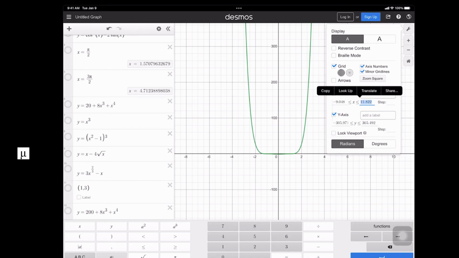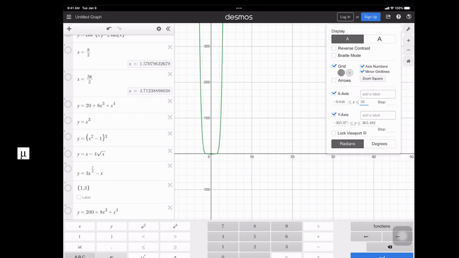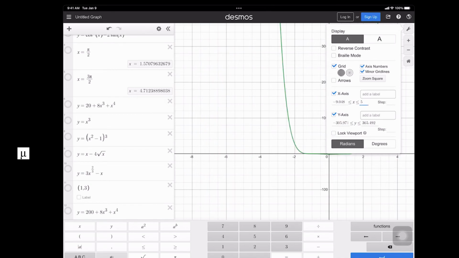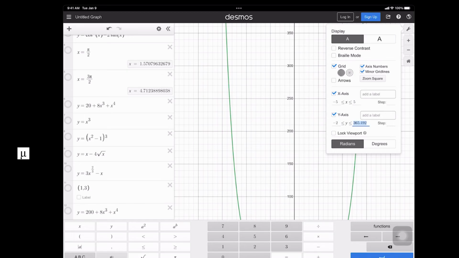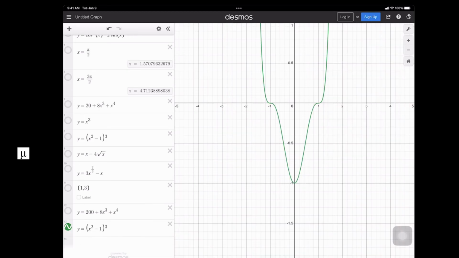The y-axis we're going to do from like -2 to 10 or something. There we go.